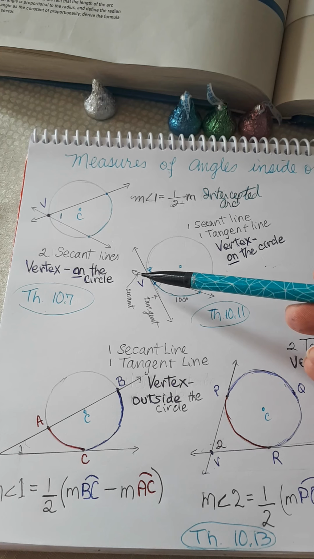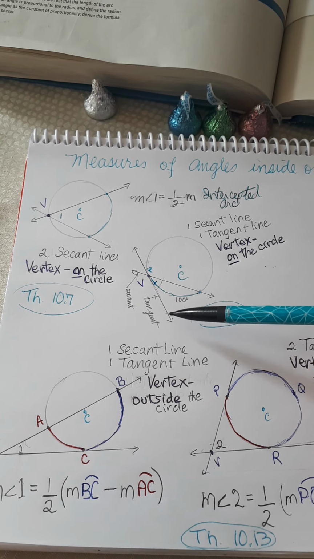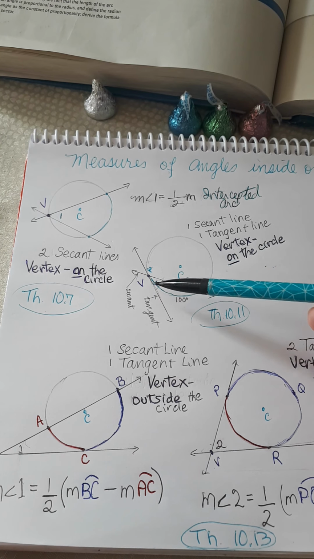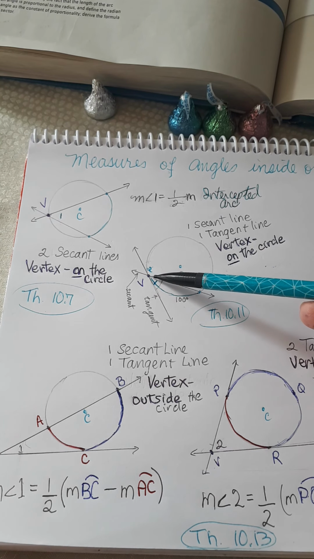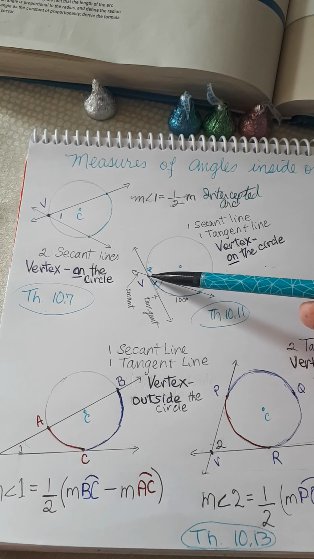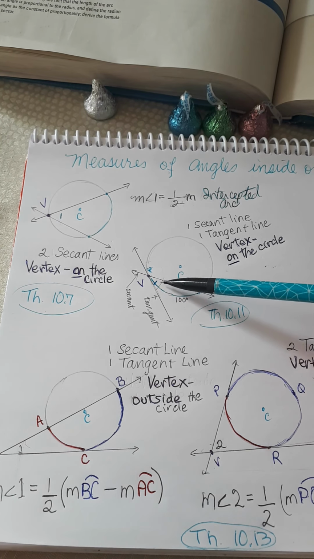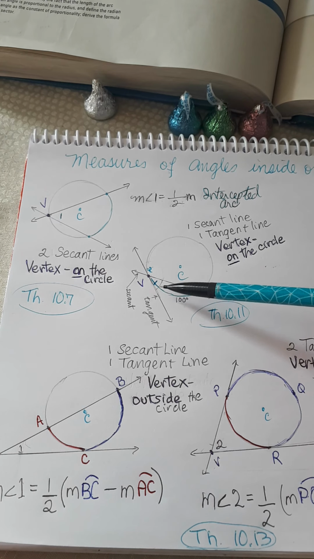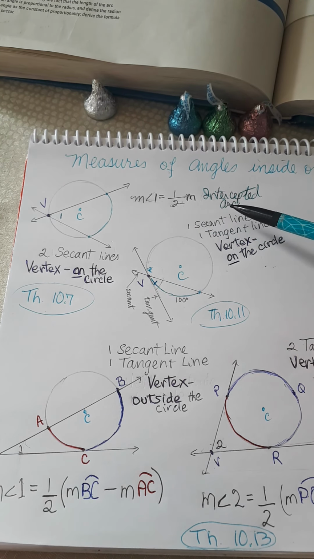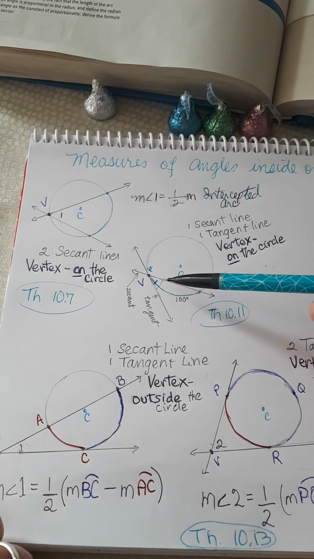If we have a tangent line and a secant line intersecting on the circle, the vertex of the angle formed by the two lines falls on the circle, then the measure of each angle formed will be 1/2 the measure of the intercepted arcs.